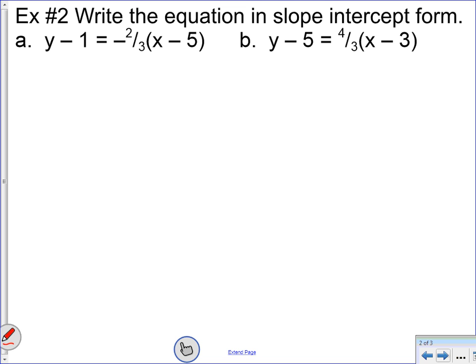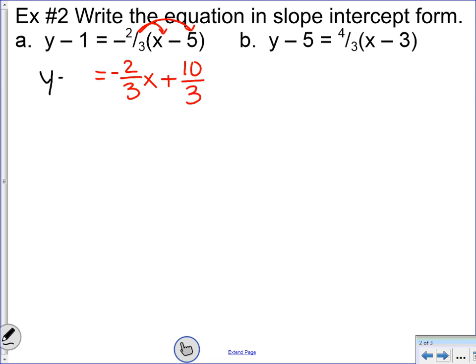So to do that, I'm first going to do distributive property. So I'm going to multiply the slope times x, which is -2/3 x, and then I'm going to multiply -2/3 times -5. And if you're using a calculator, or if not, just do -2 and -5, it's +10 over the denominator, which is 3.